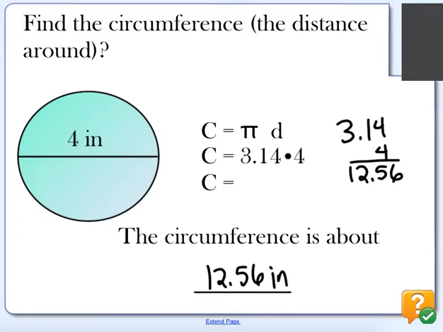Now this is an approximation because 3.14 is an approximation of pi. If we wanted to say the exact length of the circumference, we would keep pi as the pi symbol and just say the circumference is 4 times pi inches. That is actually the exact size of the circumference because pi is not being approximated.